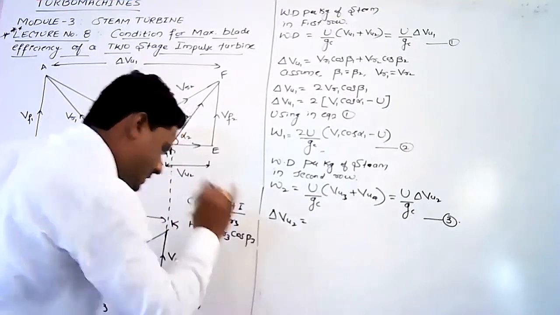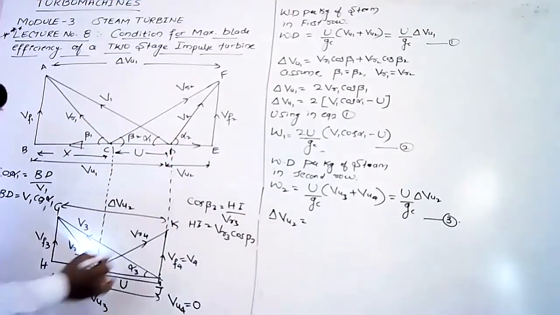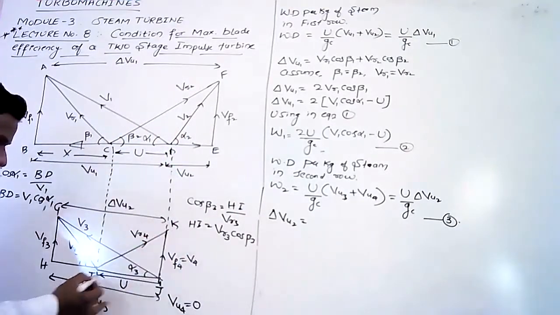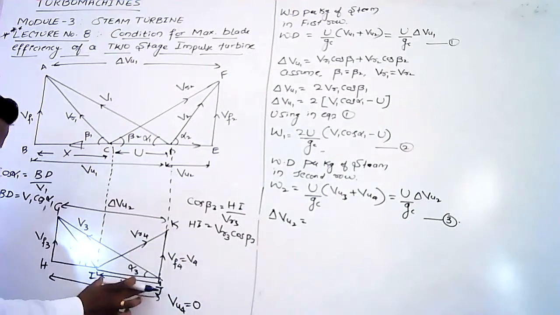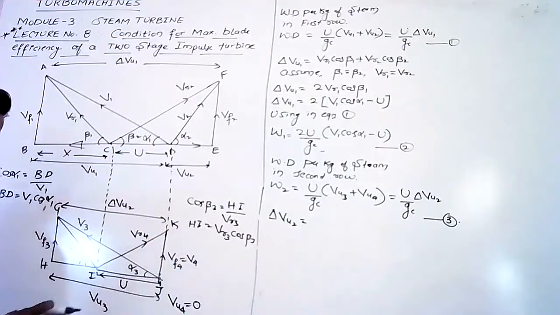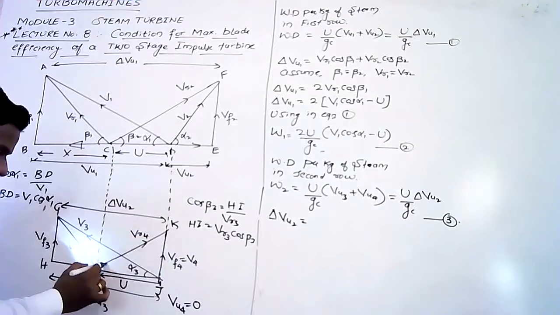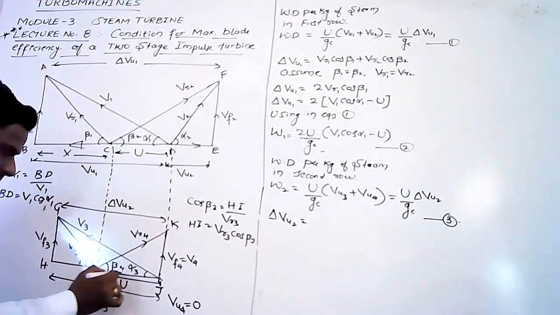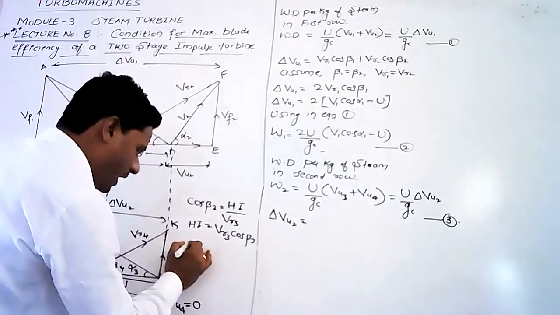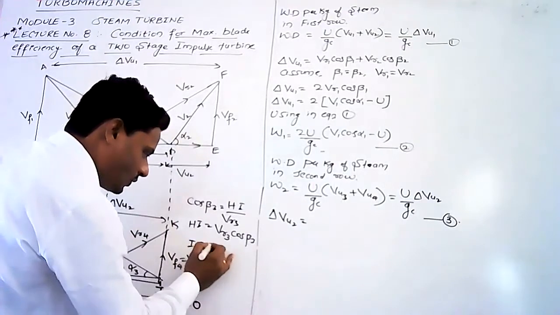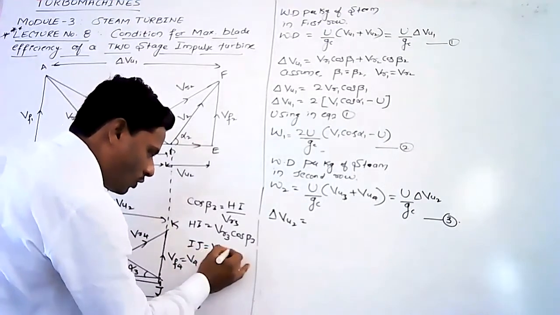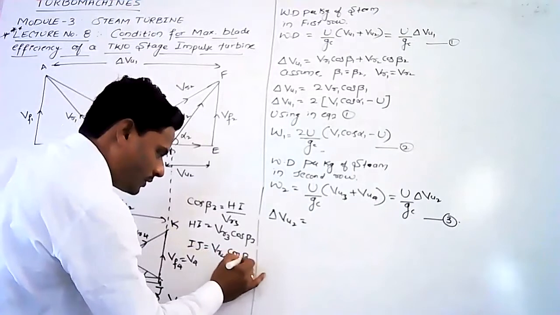VR3 cos beta 3. Similarly, from the triangle KJI, how to write the IJ? IJ is nothing but VR4, this is of course beta 4 here. So IJ can also be written as VR4 cos beta 4.